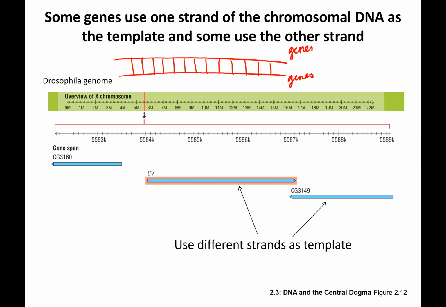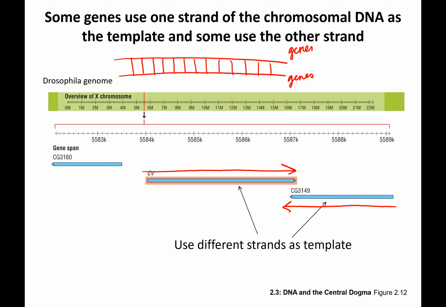The other thing that's cool about DNA, particularly bacterial DNA, where you have a small amount of genetic information, is your genes can actually overlap. So you might have a gene occurring on one side running this direction, and then a gene occurring on the other side running in the opposite direction.